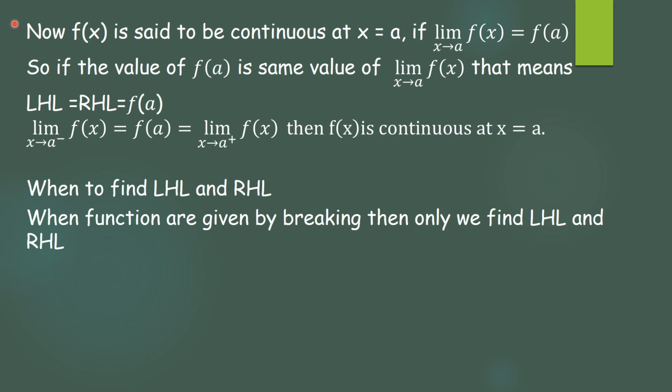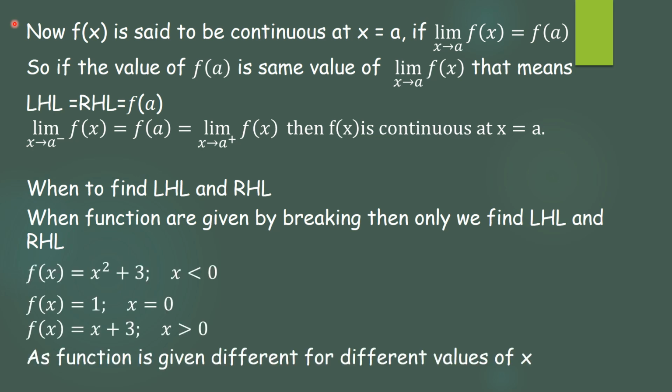For that we'll take a certain example. Here we have defined f of x as x square plus 3 when x is less than 0. So when the value of x is less than 0, we have to select the function x square plus 3. When x is equal to 0, the value is 1. And if the value of x is greater than 0, then f of x is x plus 3.